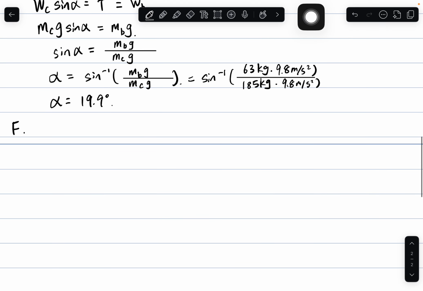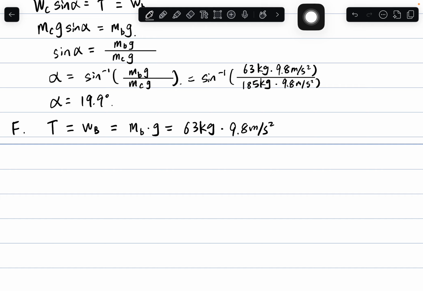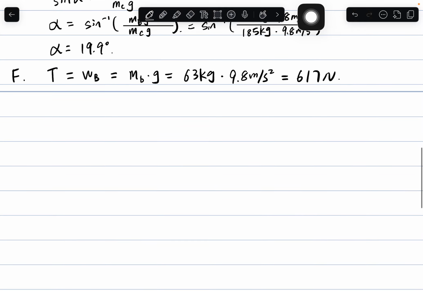So the tension equals the mass of the bucket times G, which is 63 kilograms times 9.8 meters per square second, equals 617 newtons.